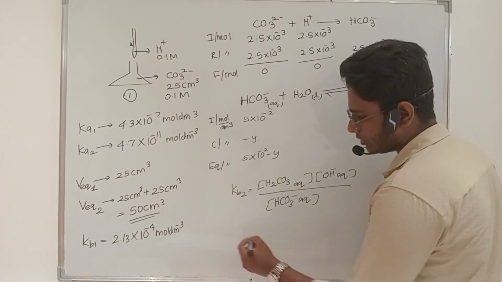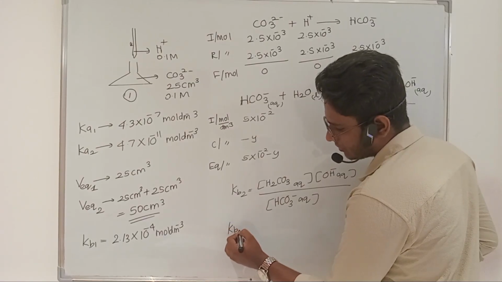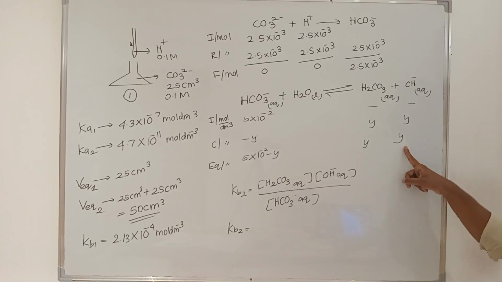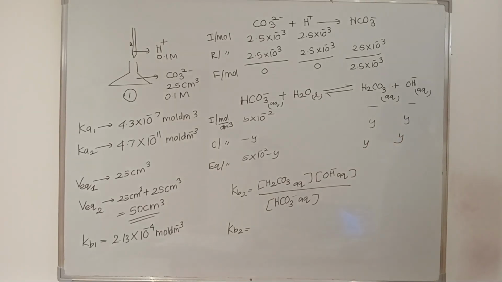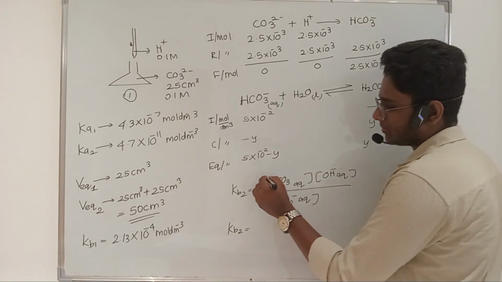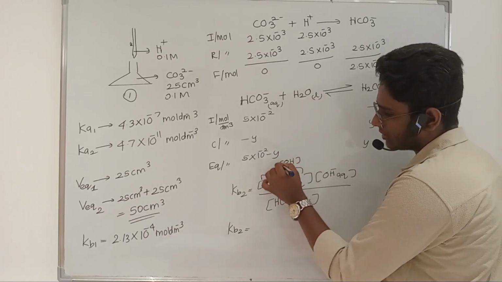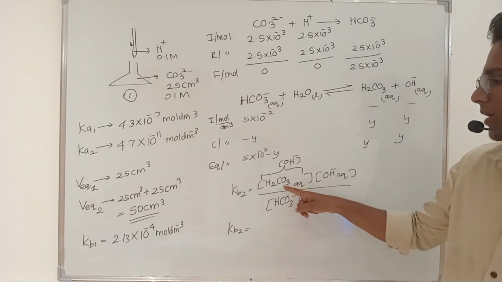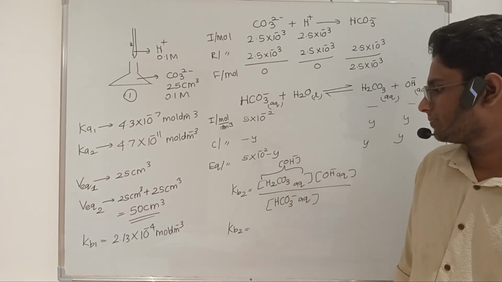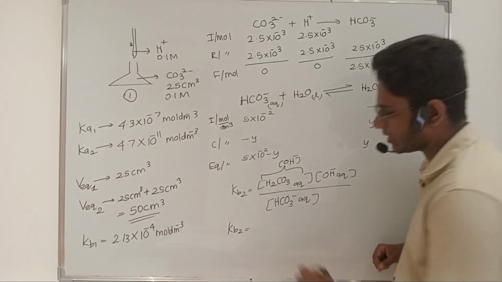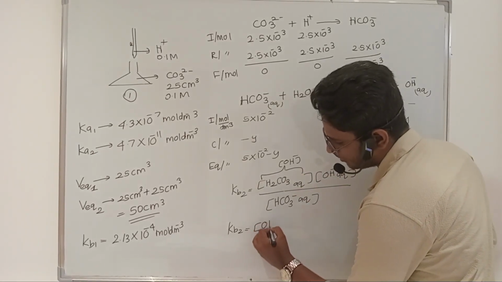So I'll rewrite this equation. Kb2 is equal to, now you can all see the concentration of carbonic acid and the concentration of hydroxide are the same, Y. So you can write that the carbonic acid concentration is equal to OH minus. Therefore, instead of carbonic acid, you can write the hydroxide. So OH minus into OH minus, I can write as OH minus squared.